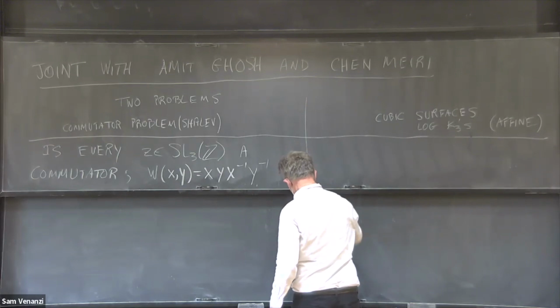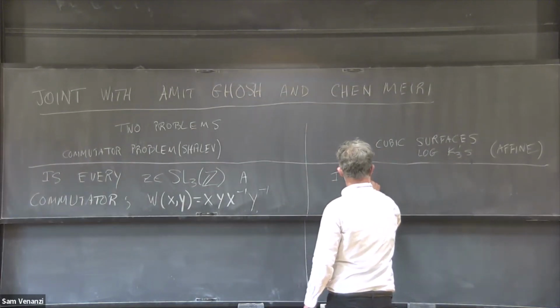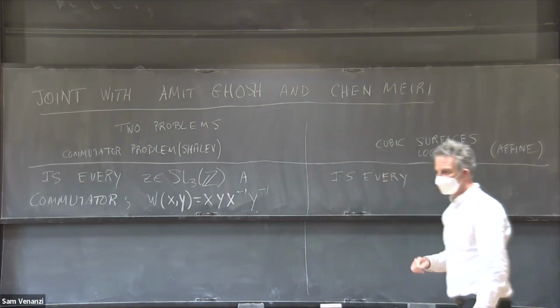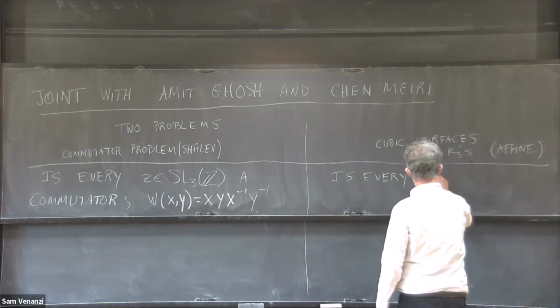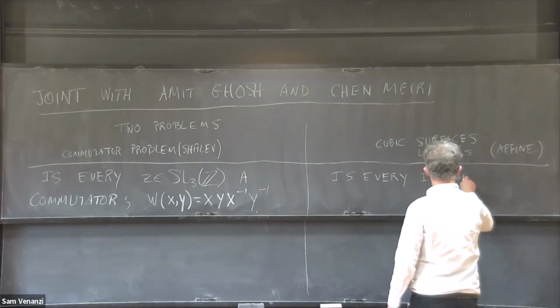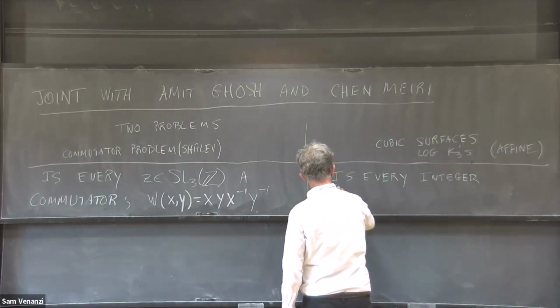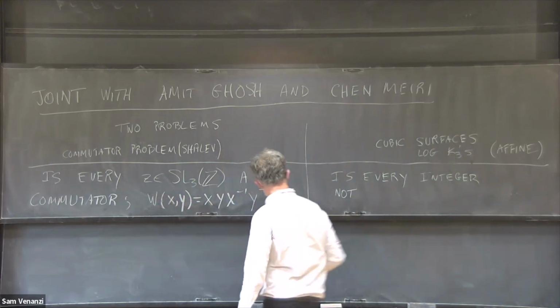And on this side, I'm going to give you the hardest log K3 surface. Is every integer k a sum of 3 cubes? Here I'm going to come to the obstructions in a second.